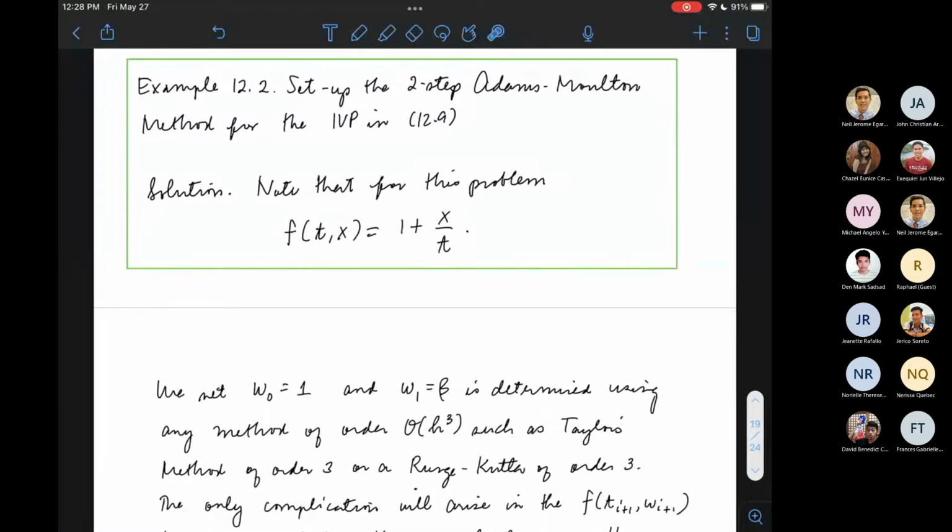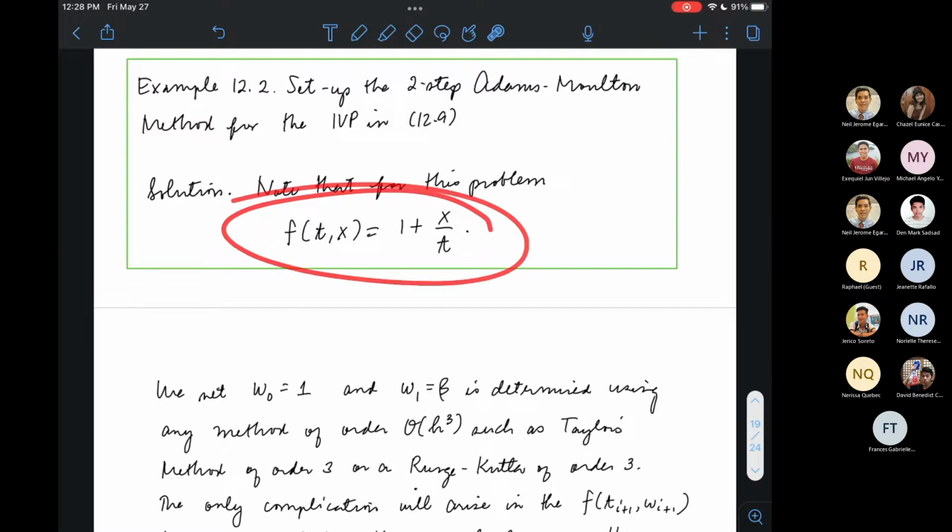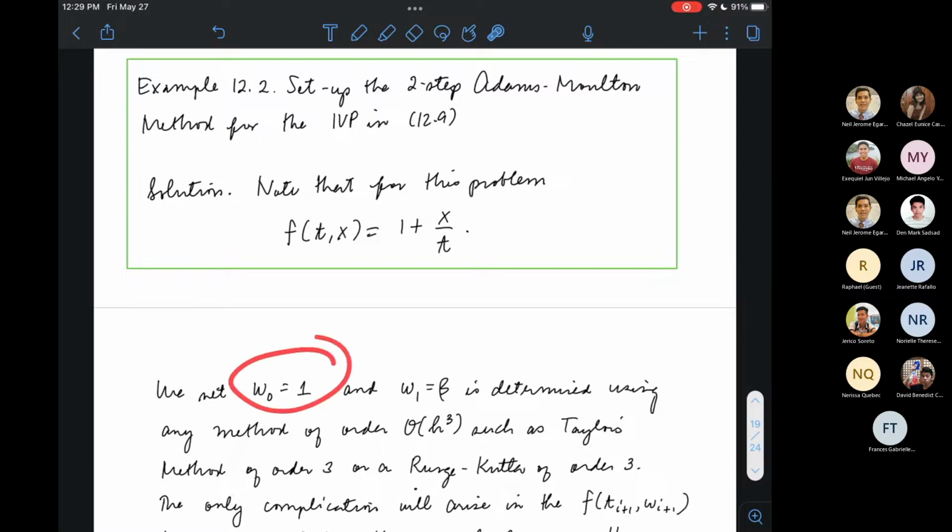Now, sa example 12.2, tingnan natin kung paano natin i-formulate yung two-step Adams Moulton method para dun sa IVP na kino-consider natin ever since we started the unit. So, yung IVP ng right-hand side ay 1 plus w over t. Now, kung isa-set up mo yung Adams Moulton, kailangan mo lang i-set si W sub 0 to be equal to the initial condition 1 na given sa IVP.